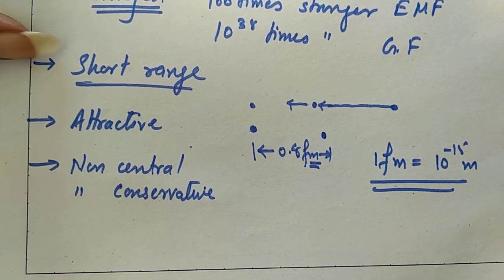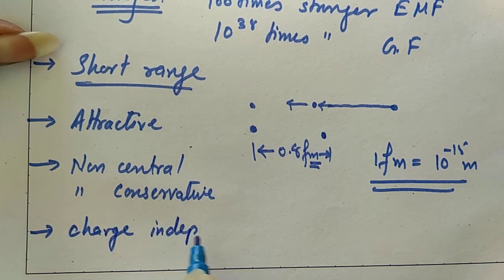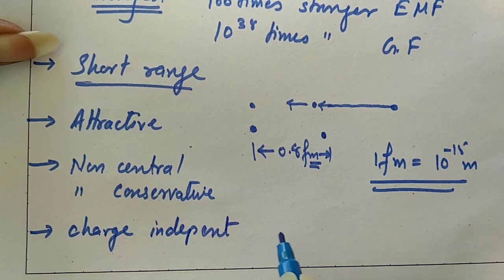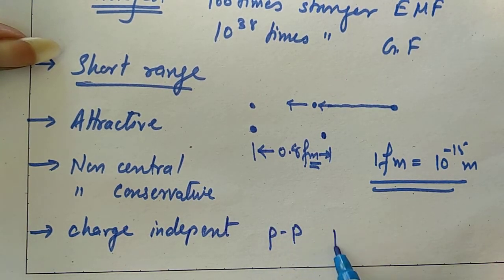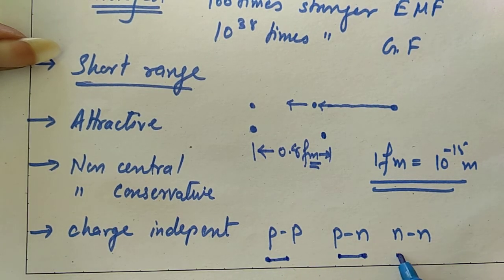Then one very important property is that it is charge independent. It does not depend on the charge. Suppose I have two protons, one proton and one neutron, and two neutrons. If I place all these pairs at the same distance, then the magnitude of the strong nuclear force between all these pairs is going to remain the same.